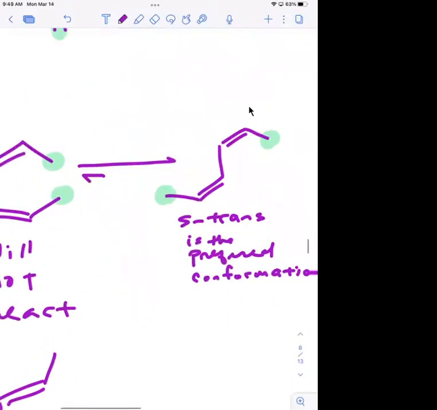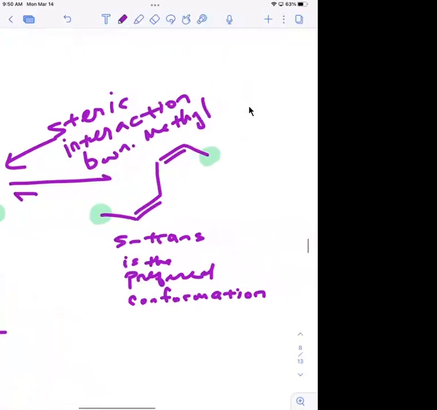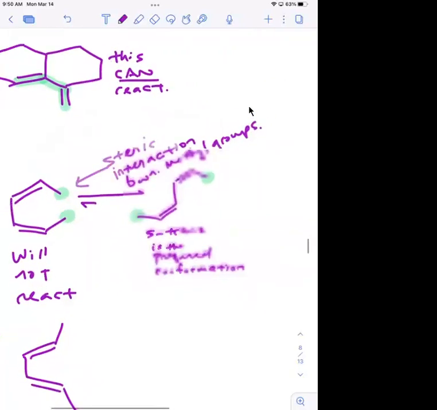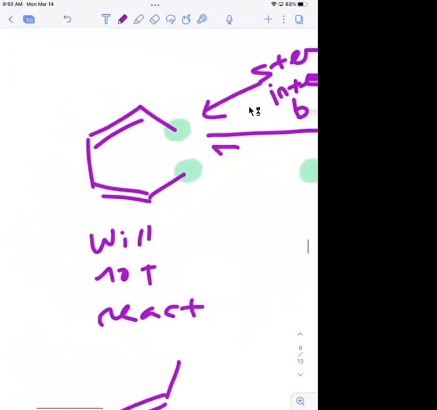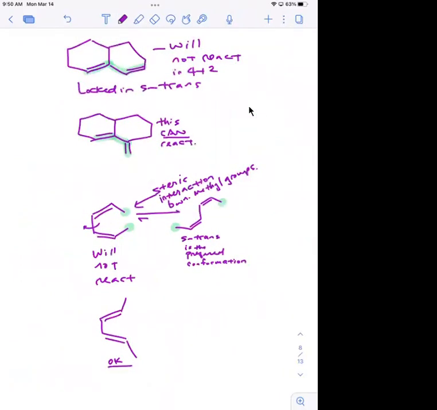But in the other case, you've got a steric interaction between those methyl groups. It's going to force rotation around this bond to get one of those methyl groups out of the way, and that S-trans conformation is going to be favored.